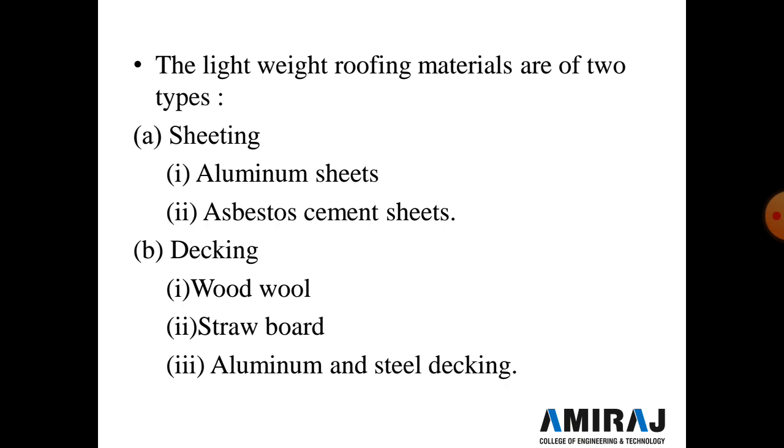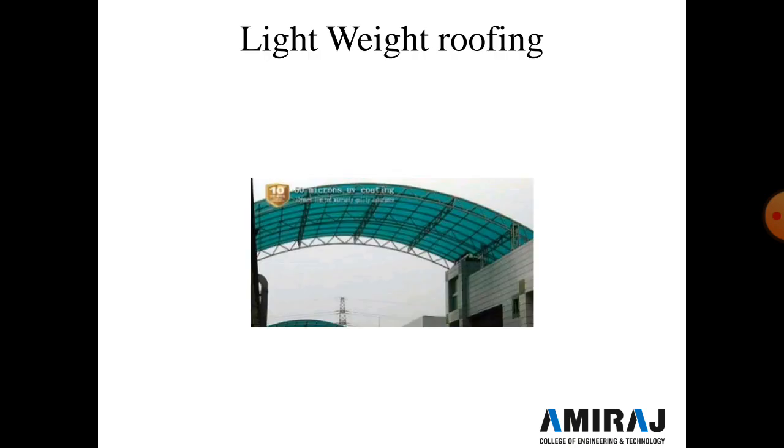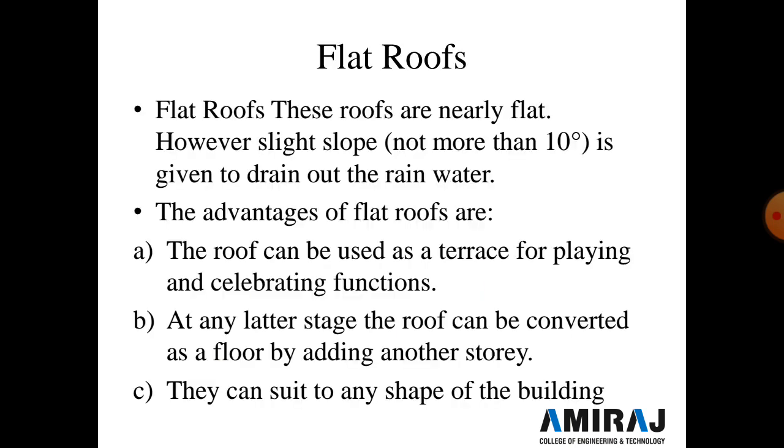First is sheeting and second is decking. Sheeting is divided into two parts: aluminum sheets and asbestos cement sheets. And decking is divided into three parts: wood wool, straw board and aluminum steel decking. Lightweight roofing is generally seen in a mall or in industrial buildings.